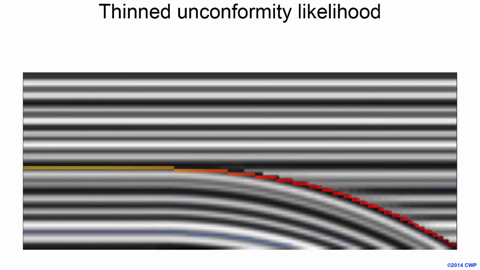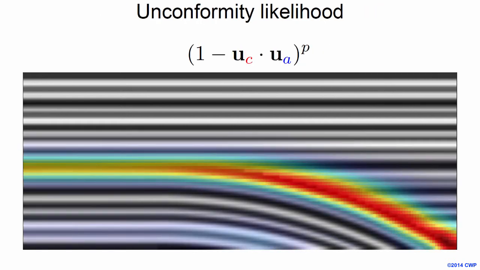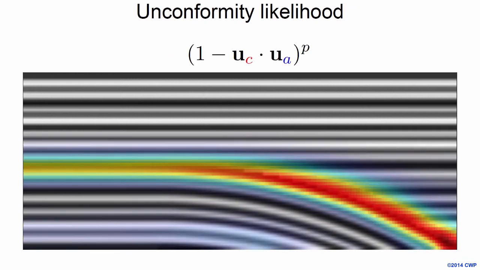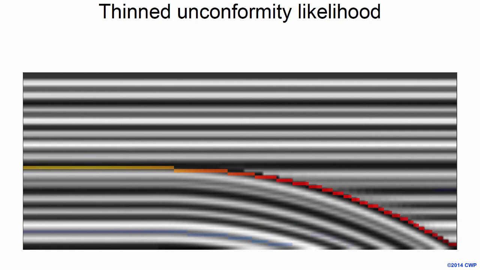The thin unconformity likelihood image shown here is an image of the ridges of the previous unconformity likelihood image. And we compute these ridges by simply scanning each column of this unconformity likelihood image, preserving all the local maximums and setting zeros elsewhere to get this thin unconformity likelihood image.